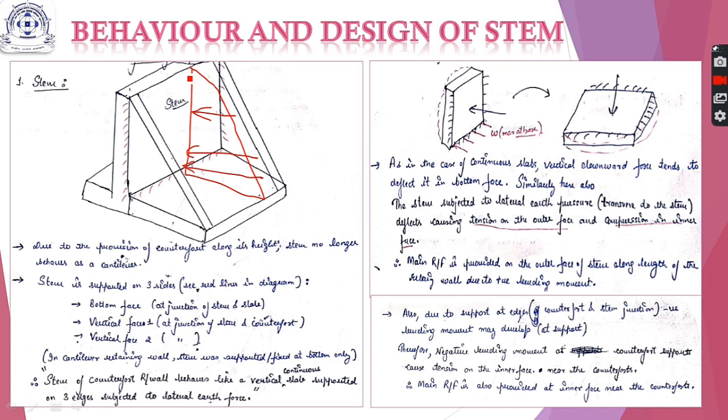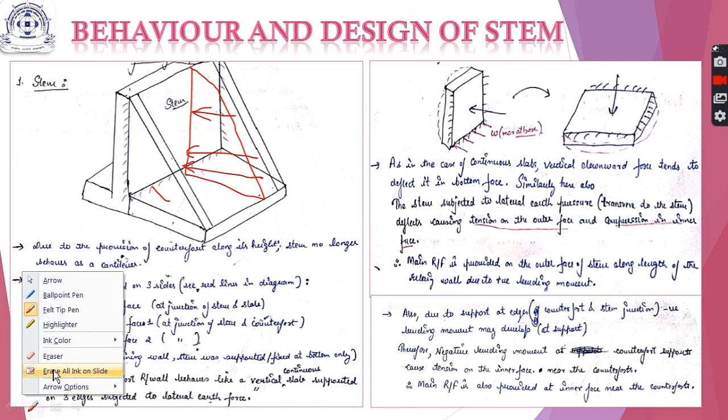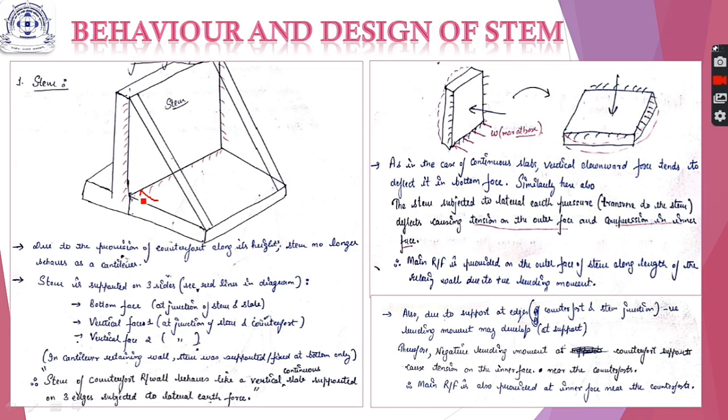So in this triangular or uniformly varying load, the maximum value will be at the edge of your stem where it is meeting with the heel slab like this. So we are concerned with this load only majorly because this is the maximum load acting on the stem. This load will keep on decreasing as we move upwards. So this is the stem acted upon by this load. This is lateral direction. Okay.